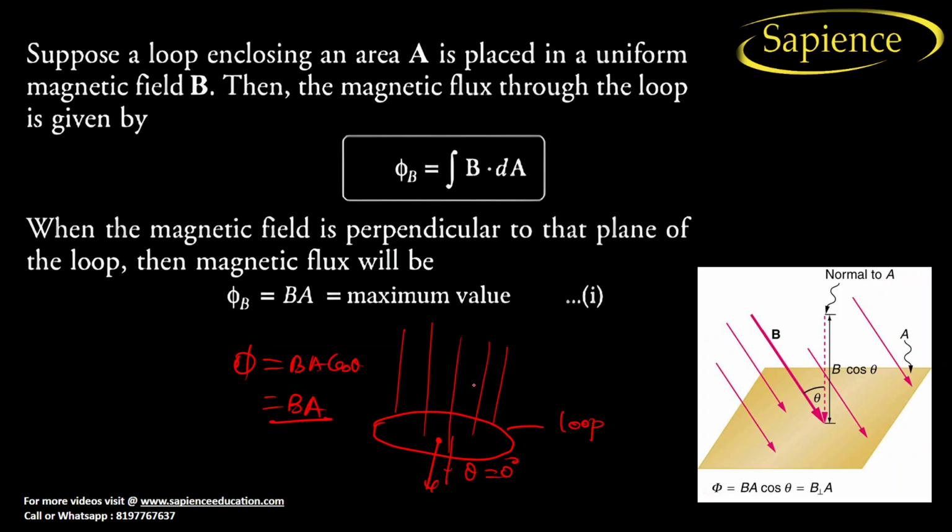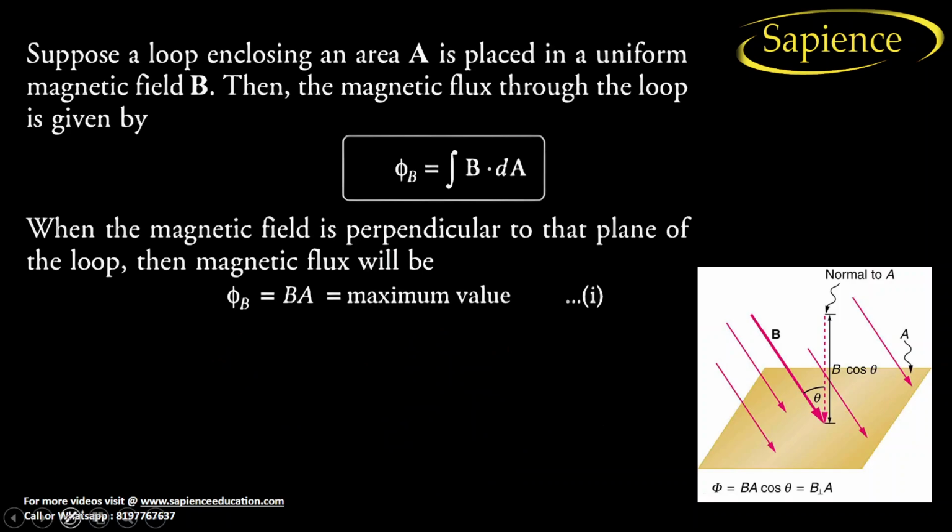And if the angle between magnetic field and area vector is somehow greater than 0, the flux will get reduced, right? So the basic definition for finding a flux phi anywhere, the best formula to use is B dot dA. Now according to the situation, you use it so that you will be able to get the proper result, right?